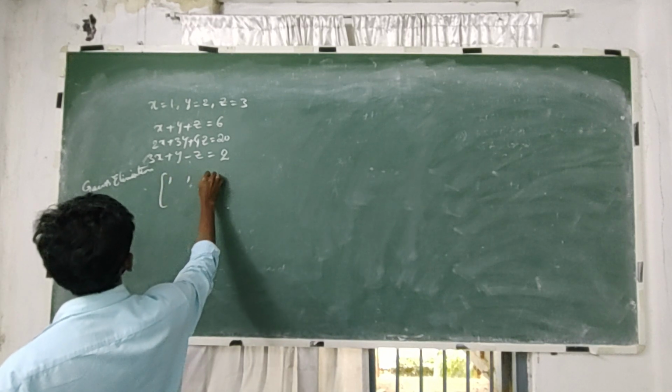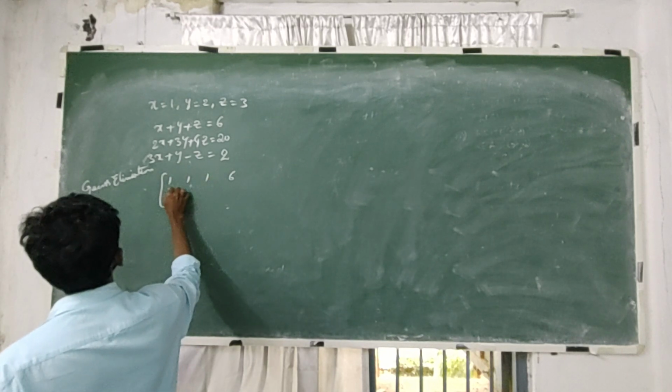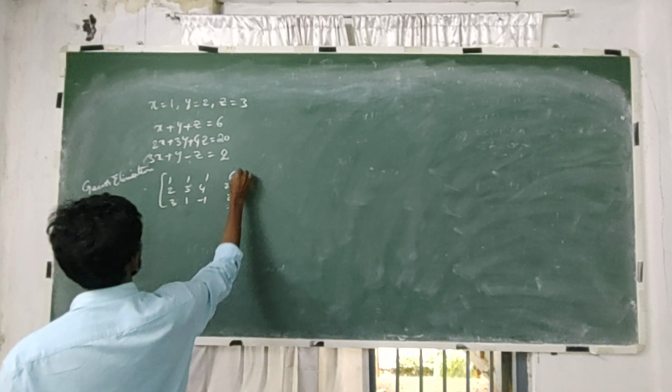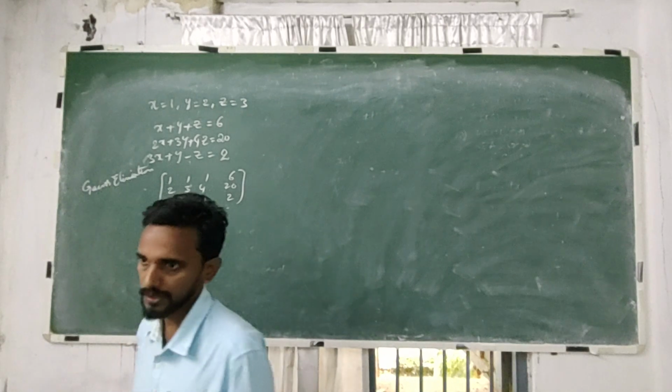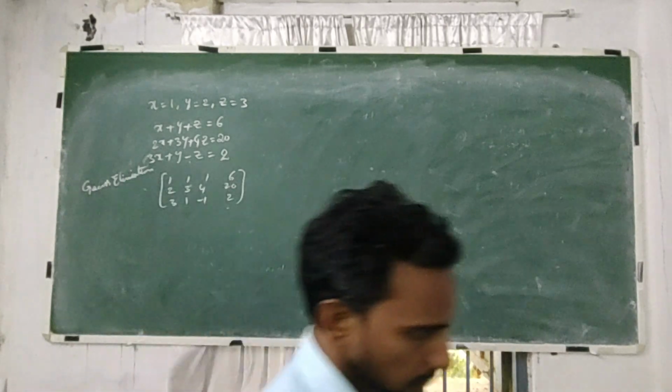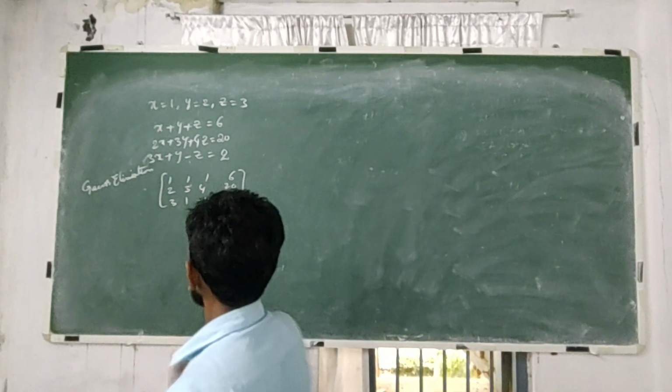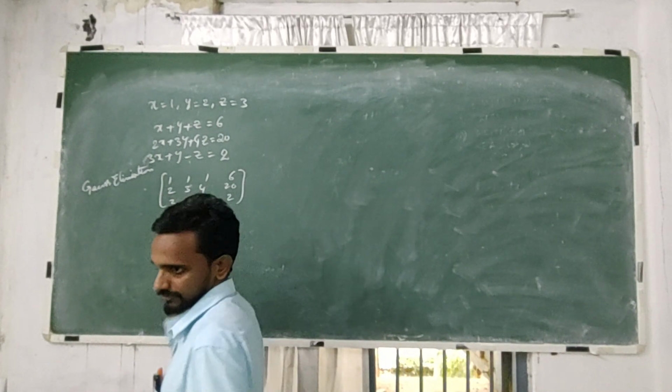Like it is 1 1 1 6, 2 3 4 20, 3 1 minus 1 2. So the only condition is the diagonal element should not be 0.